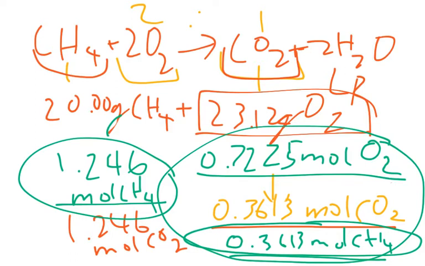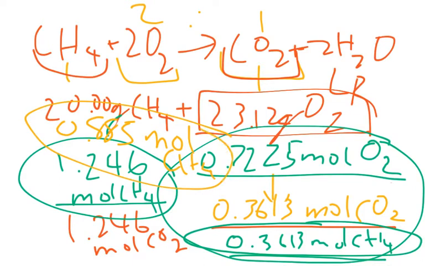So 1.246 minus 0.3613, and I get that we have 0.885 moles of methane left over, and that is the answer.